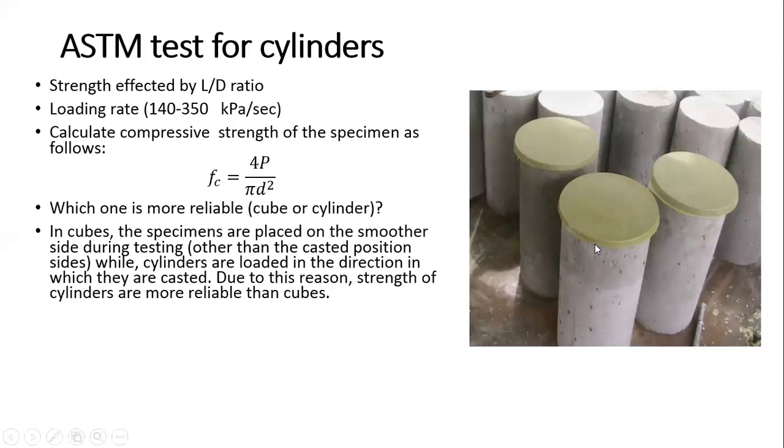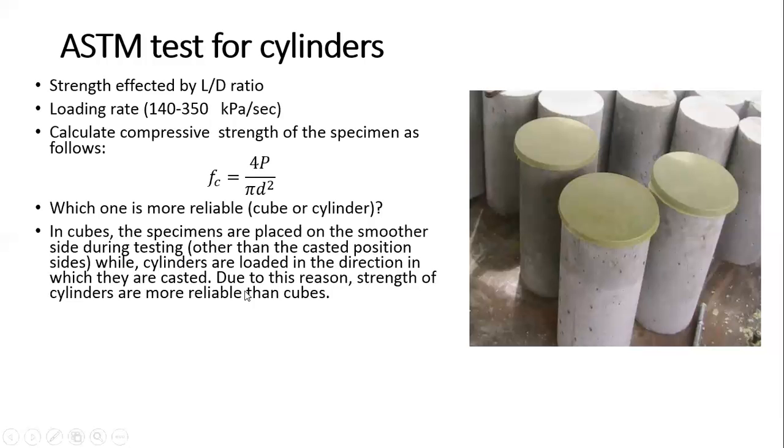But in case of cubes, what will happen? Because cubes have all three sides equal, you are filling the concrete in one direction and then testing may not be in the same direction. Maybe it is, but the chances are that it may not be, because you have to test your cube specimen on the smoother side, naturally the vertical sides of the cube, not the top and bottom sides.